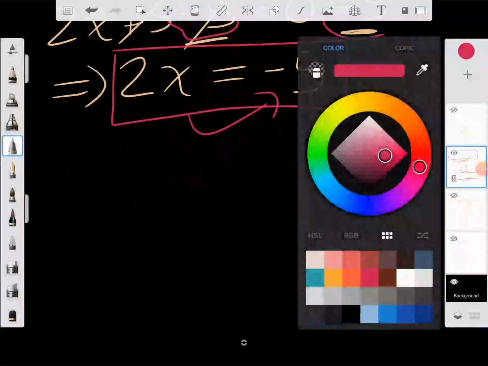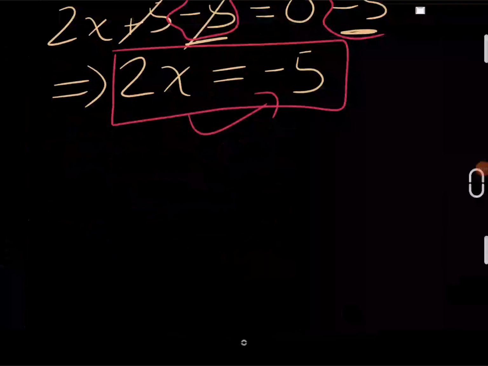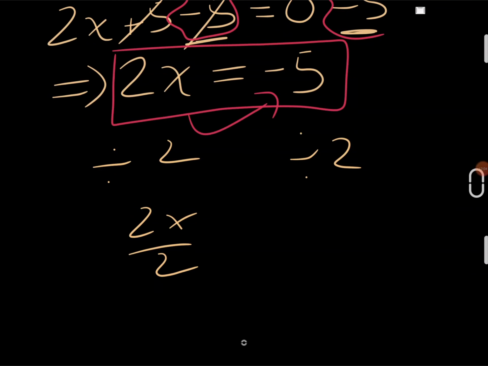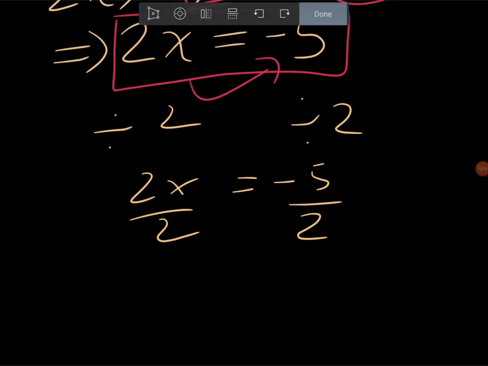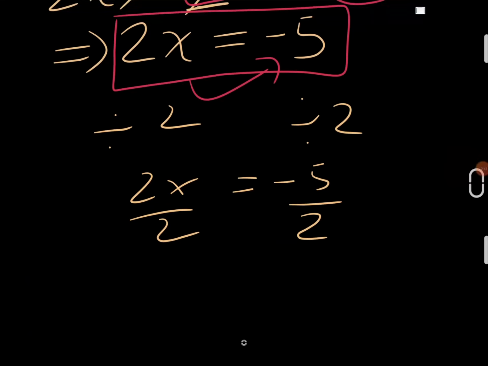Now let me divide both sides by 2. This becomes 2x divided by 2 is equal to minus 5 divided by 2. Now 2 by 2 is 1, so x is equal to minus 5 by 2.